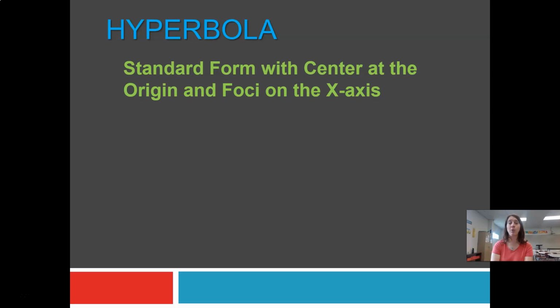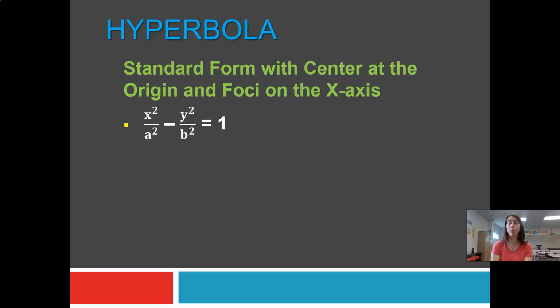The first format that you can have, the center is still going to be at the origin, just like it was for the ellipse, and it says the foci are on the x-axis. So what we want to think about, the graph that I'm going to draw is along the x-axis. That's where those two curves are going to be located. This is what the equation is going to look like if you're along the x-axis.